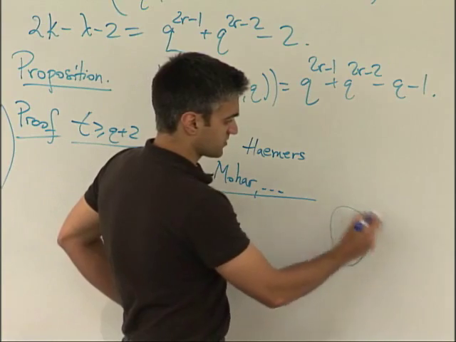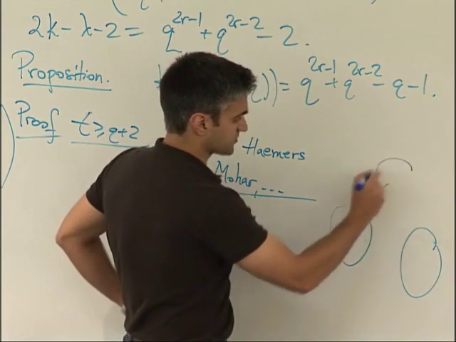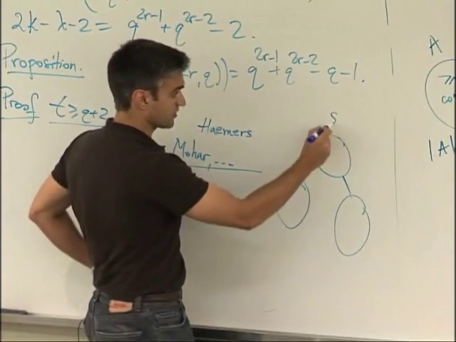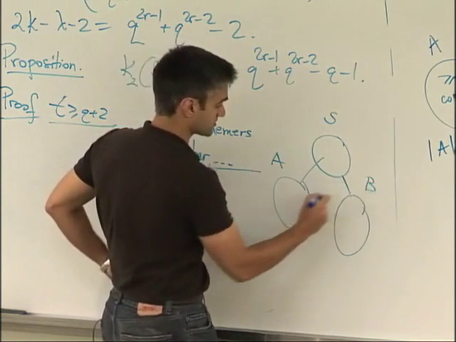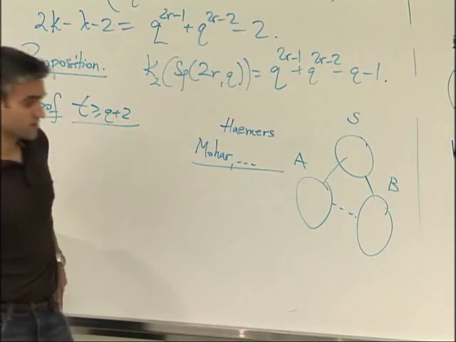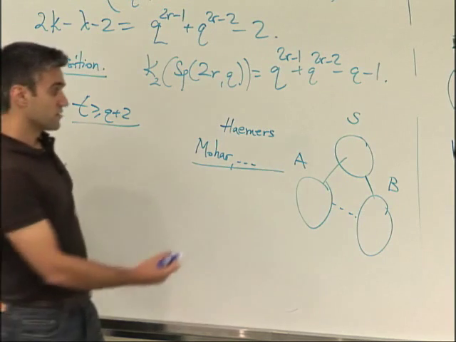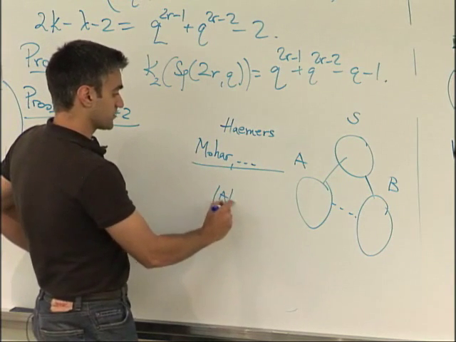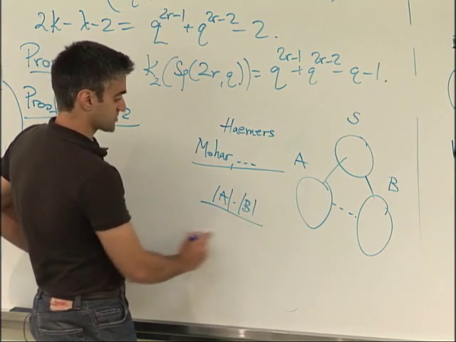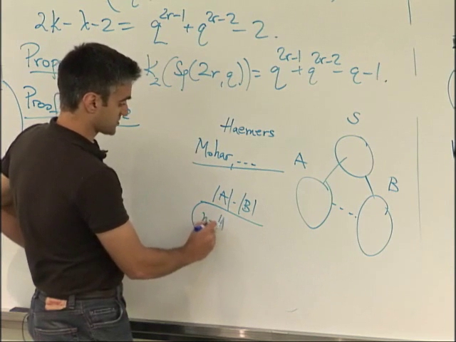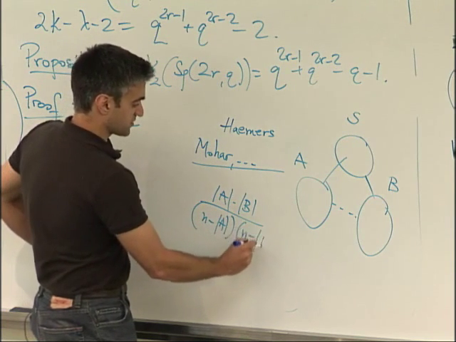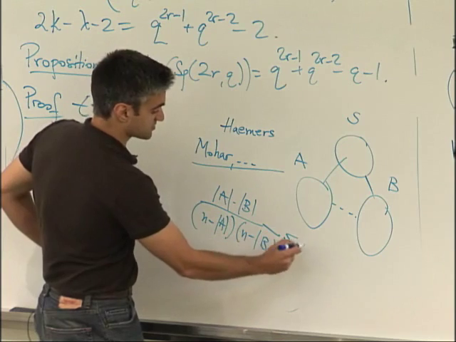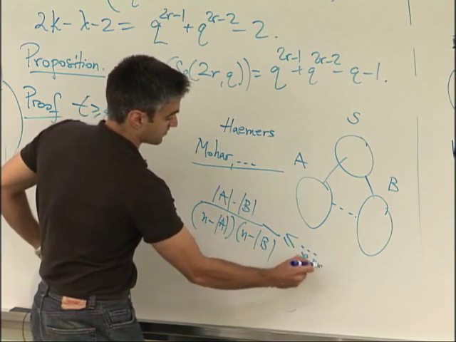So people prove results of the following form. If you have this picture, so this is S, this is A, and this is B, and you have no edges between A and B, then you can find an upper bound on something like this: size of A times (n minus size of B), where n is the number of vertices, is less than or equal to something that has to do with eigenvalues of your graph.